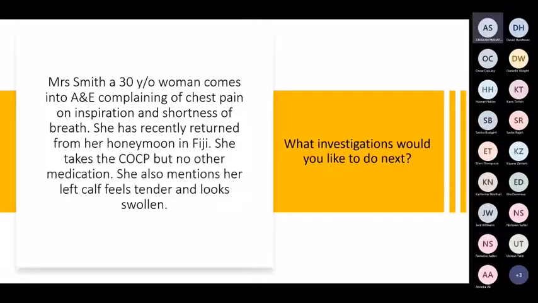But yeah, definitely full blood count. So I was thinking observations, do an ECG, chest X-ray, a full blood count, some U's and E's, LFTs. Got clinical exam coming through as well. Yeah, perfect. So definitely going to examine her. And an ABG is a very good suggestion as well.